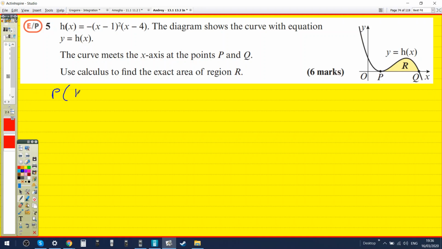Mm-hmm. And so would I then put that into the integration thing? Mm-hmm. And so it would be 4 and 1. And then will I just put that into minus x minus 1 squared x minus 4? Yeah, so try that, because it's just a bit complicated.